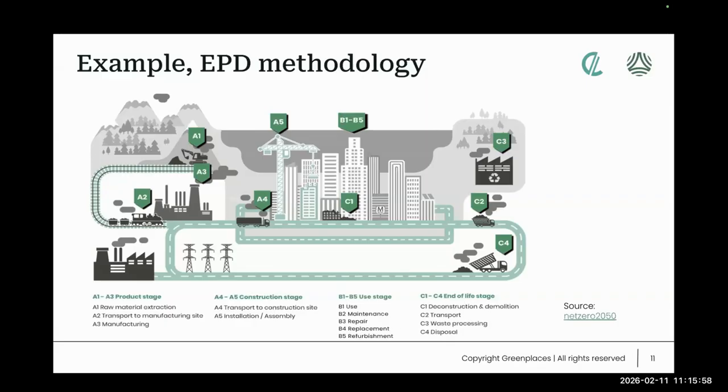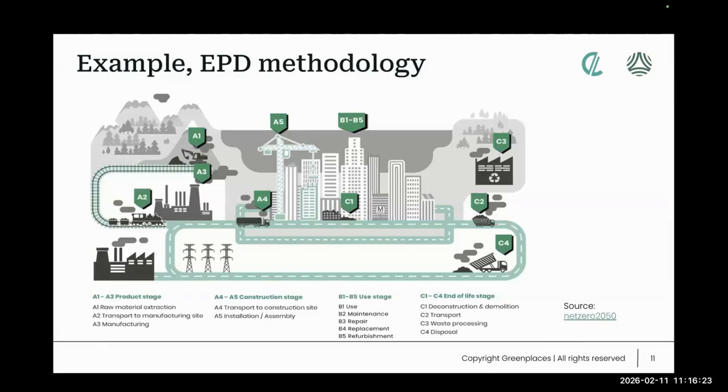And an example of what you're seeing over here, so the EPD methodology goes from A to D, where you'll have a very detailed description about what you need to declare here. For example, your raw material extraction or your transportation, even down to your construction and installation.